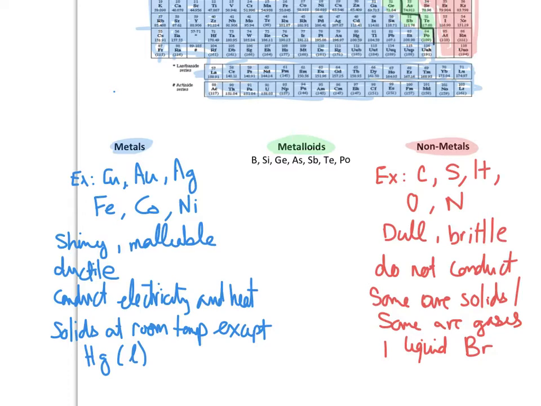All right, well, what about metalloids? What are metalloids exactly? So metalloids are elements that have some properties of metals and some properties of nonmetals.